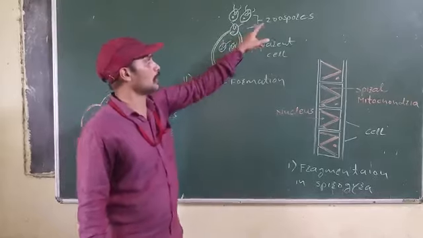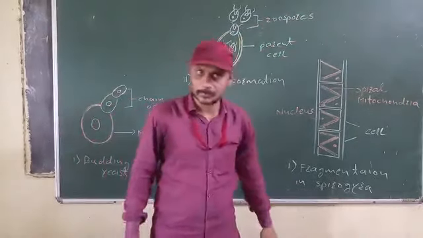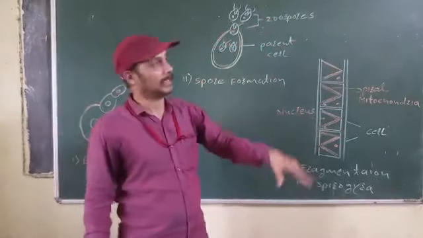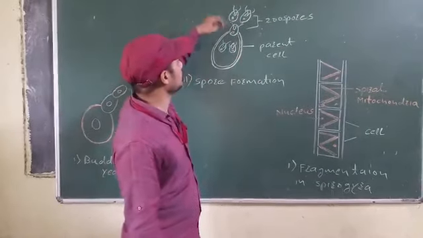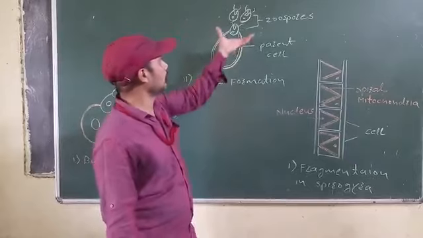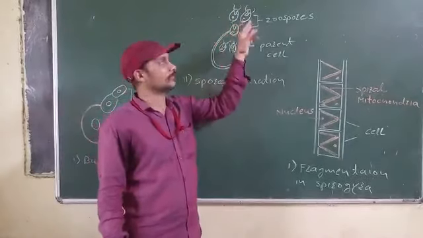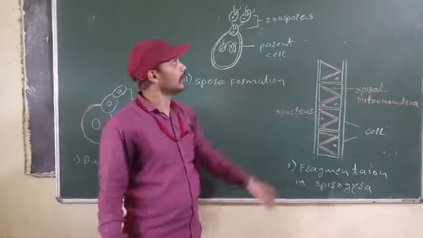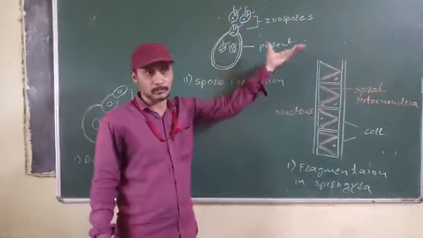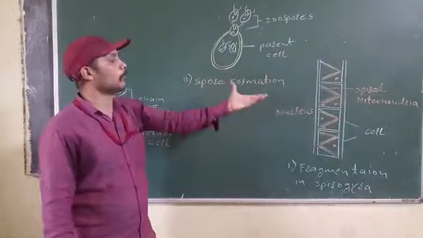These spores are called zoospores. They are motile, they are movable. These zoospores are formed by the parent cell, and after their formation, they get released in the water, and through them a new individual takes place. That is called spore formation.